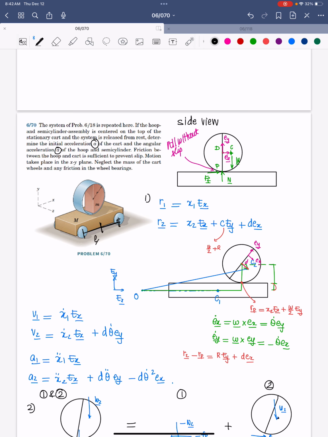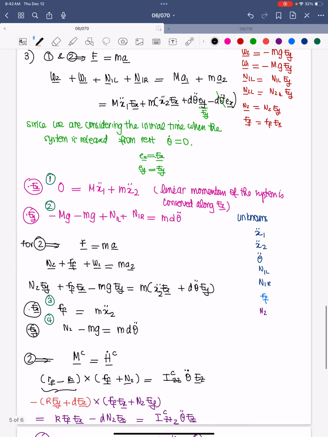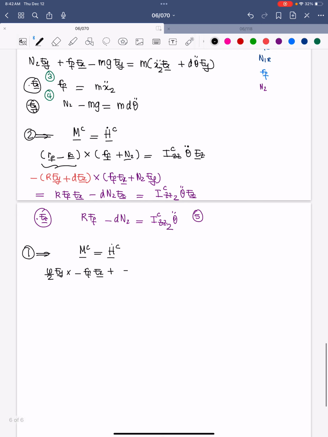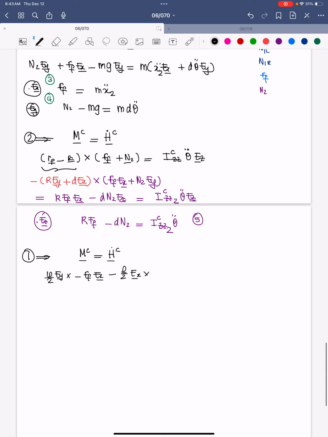I will say that's length over 2, minus L over 2 EY, EX, cross N1 L EY plus L over 2 EX cross N2 L EY. Okay, that is equal to 0, because the cart is not rotating.